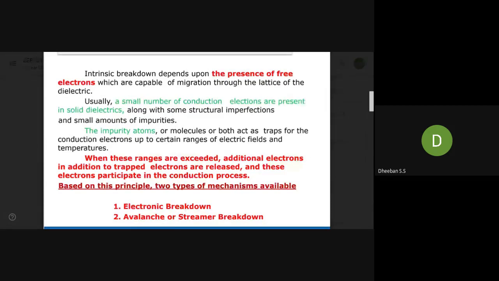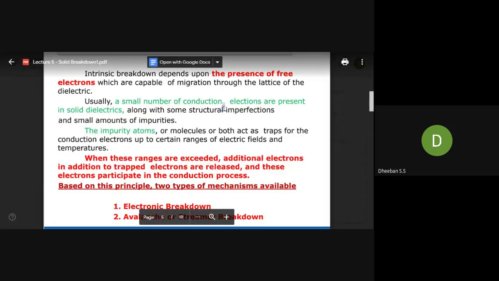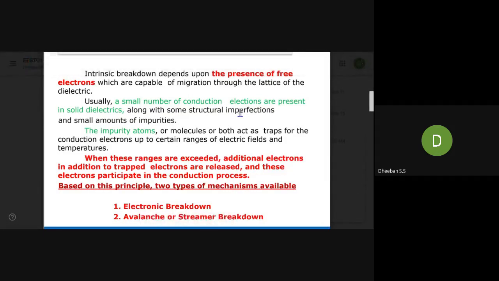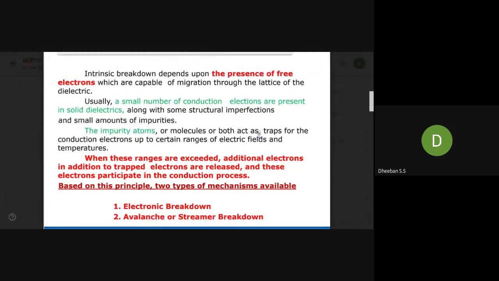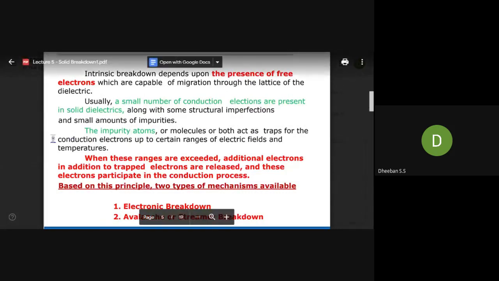Usually a small number of conduction electrons are present in solid dielectrics along with some structural imperfections. So there will be some free electrons in the solid medium. Why will they be there? Due to the structural imperfection, there will be impurity by default. The impurity atoms or molecules both act as traps for the conduction.